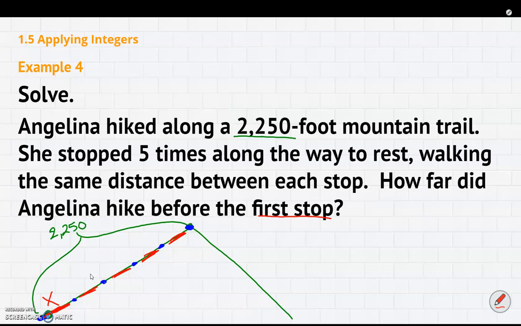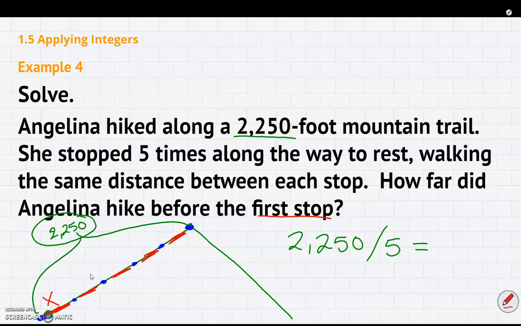So if each of these red bars, these distances, is equal, and there's 5 of them, we can just take our total distance, 2,250, and divide it evenly amongst these 5 little treks she took. So we're just going to divide it by 5 to figure out how far are each of those little treks. Okay, 2,250 divided by 5.